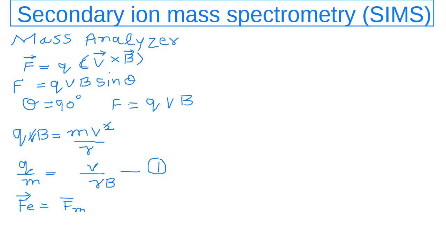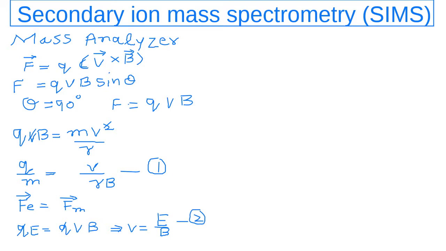The electric force is QE, and the magnetic force is QVB. So Q and Q cancel, and you can calculate the value of V from here: V will be equal to E over B. We say that this is equation number 2.